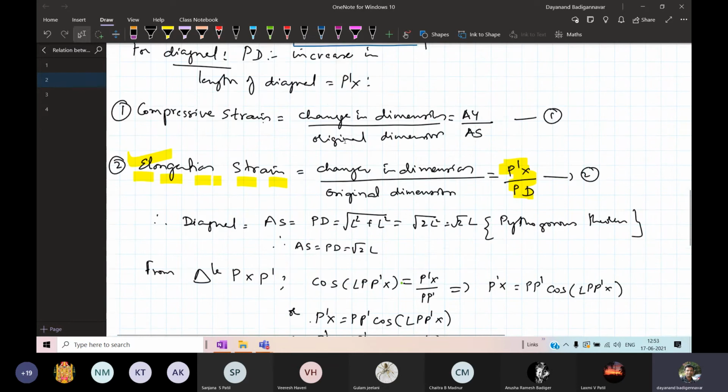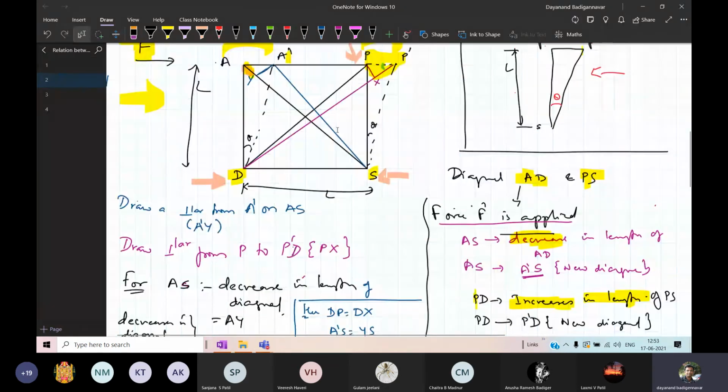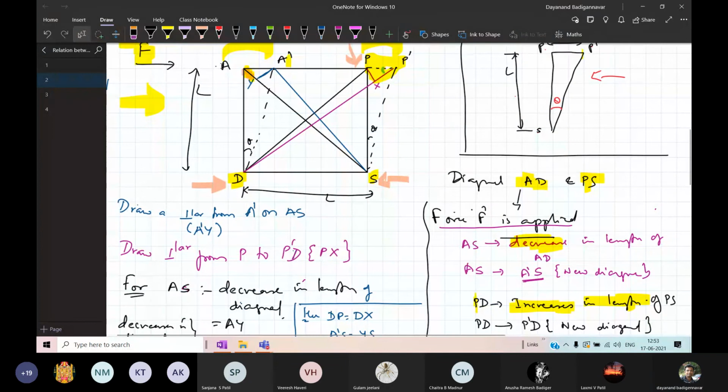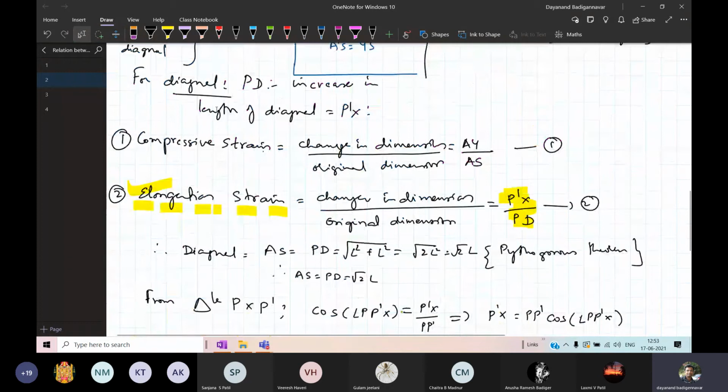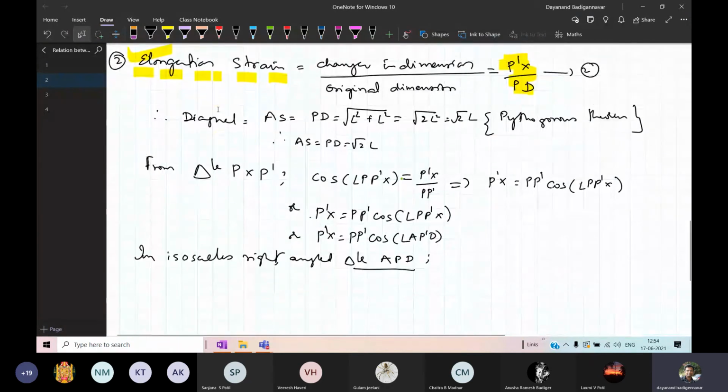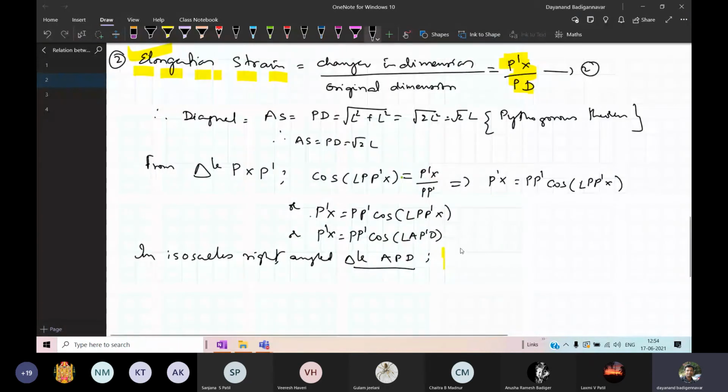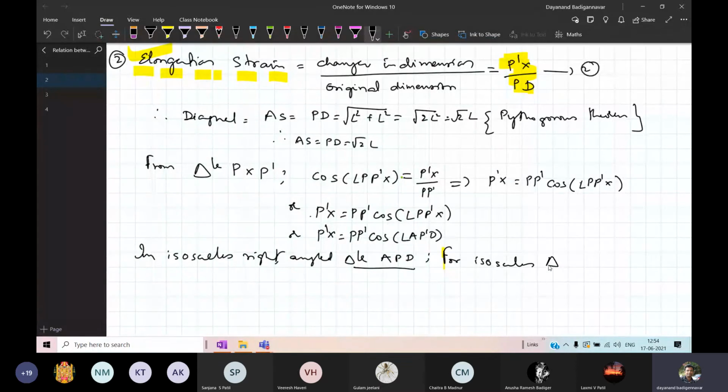Look here, this angle A, this P and D will form APD. It will form an isosceles triangle. For an isosceles triangle, what happens? Angle APD is 45 degrees. Keep in mind, angle APD is 45 degrees.